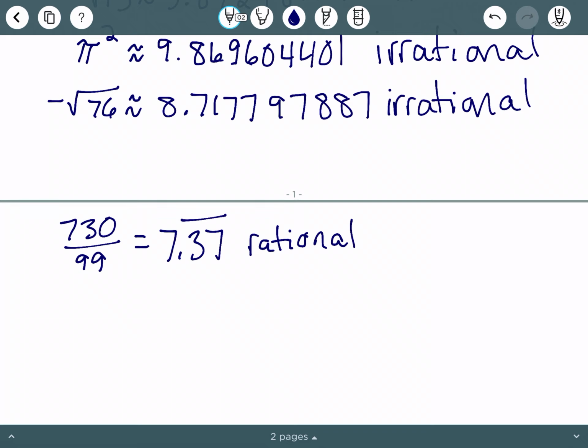All right, and the final number that we are given is in scientific notation, and it's negative 6.4 times 10 to the negative second.